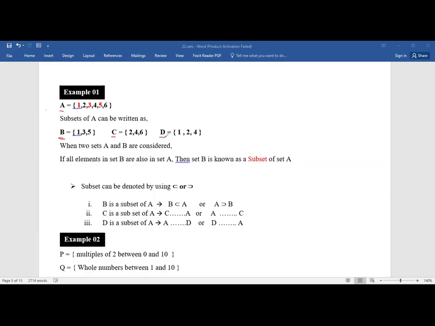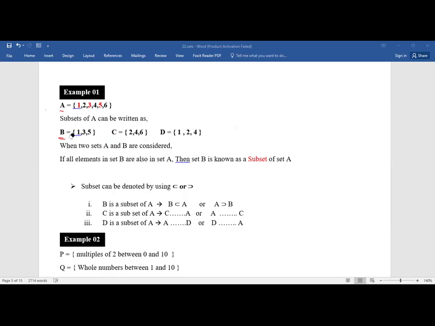Another can be 1, 2, 4. There are a lot of subsets that we can write. And if we write another subset, say E equals, open bracket, 1, 2, 4, 3, 5, 6. So this is also another subset.